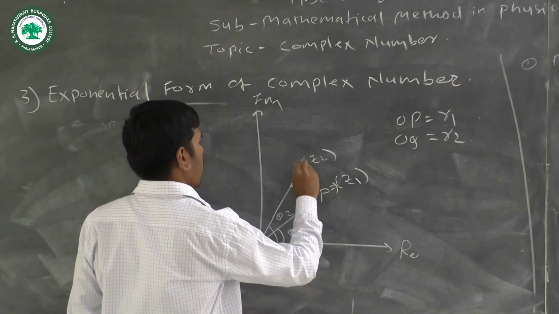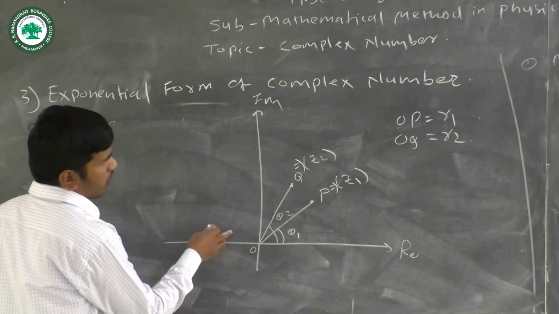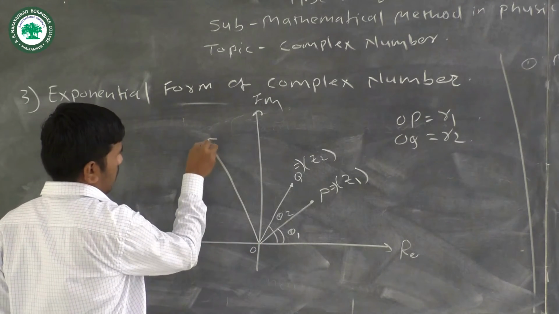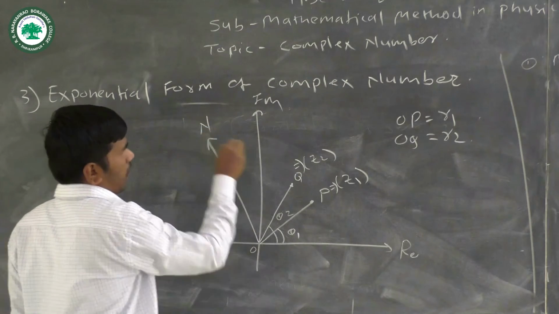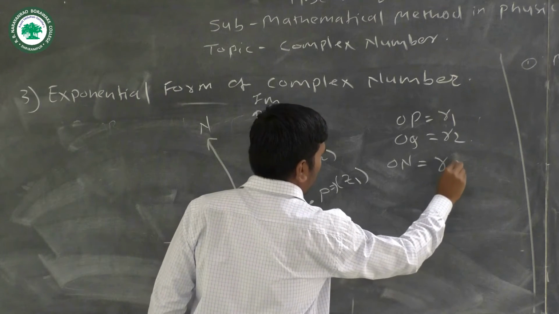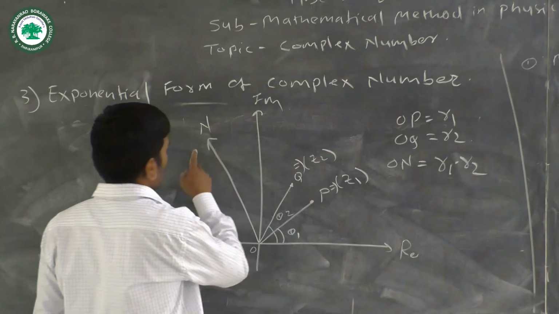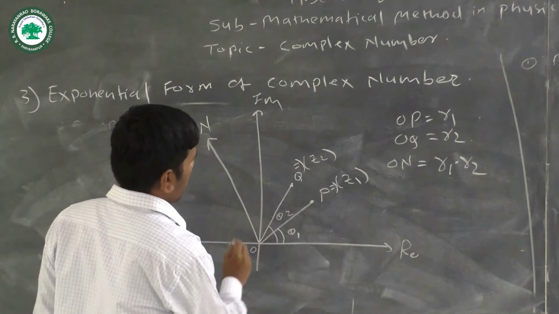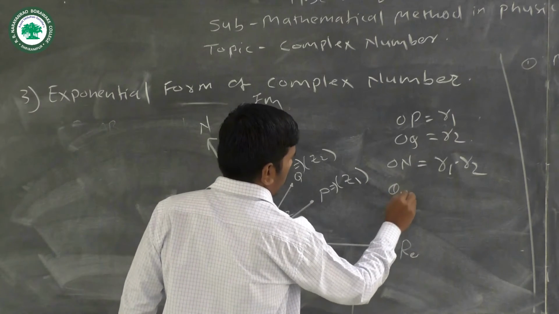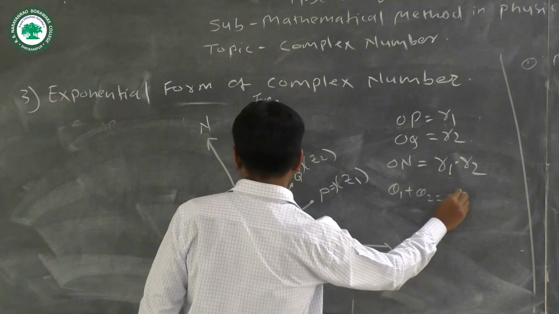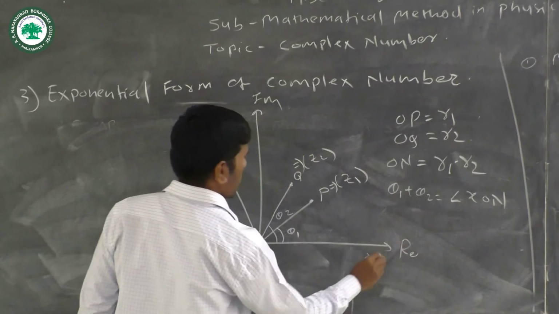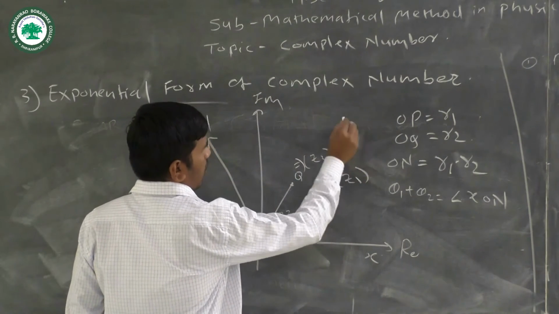The product of these two complex numbers gives ON. Its modulus is r1 into r2, and the argument is theta 1 plus theta 2. That is the angle between X and ON.